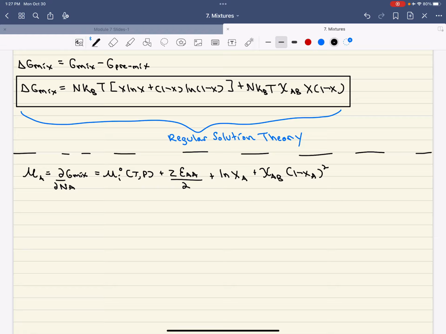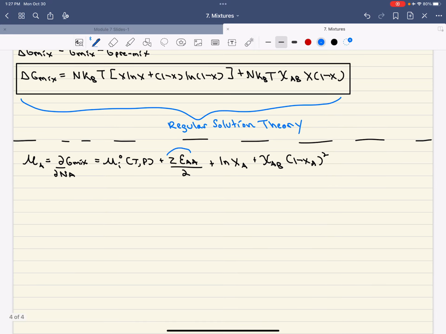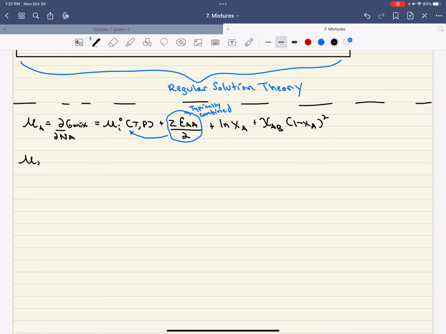Okay? One thing I'll point out, just by convention, we see here that we have this energy term and the standard state chemical potential. Typically what people do is they combine these terms, since that energy term is not a function of the A mole fraction. Okay? All right, and so the chemical potential for species A can be described like this.